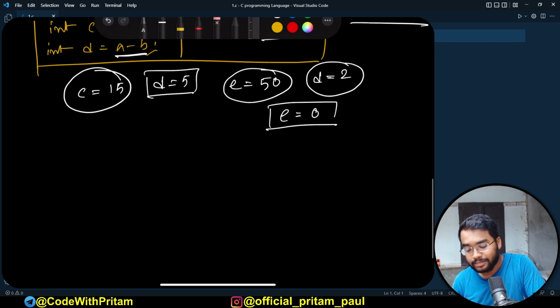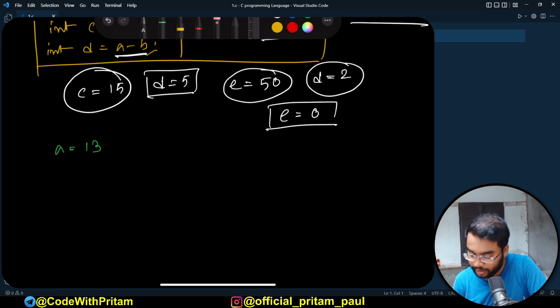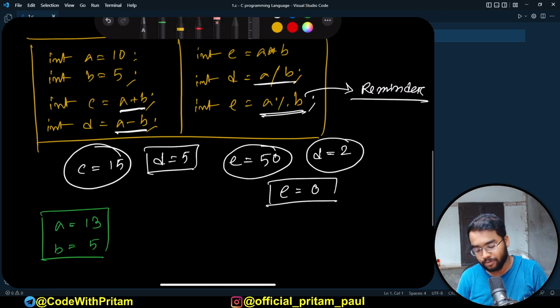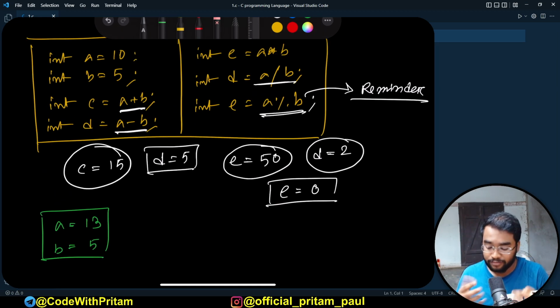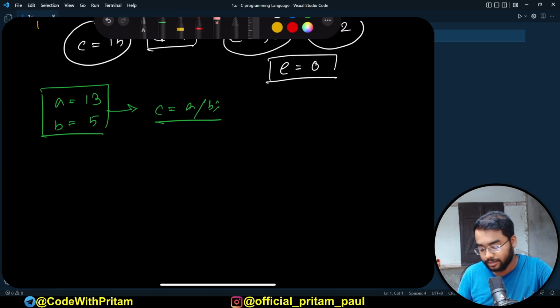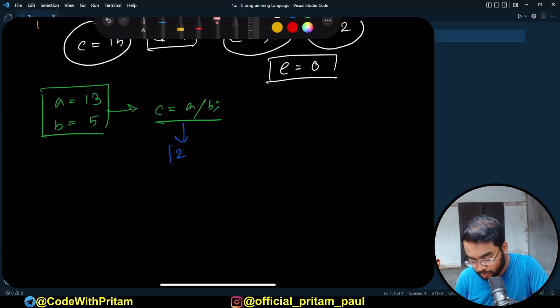Now let's take another example where a = 13 and b = 5. All the operations would be the same obviously, but I would like to emphasize the division operation and the modulus operation. If I write c = a / b, what will be the answer? The answer will be 2.